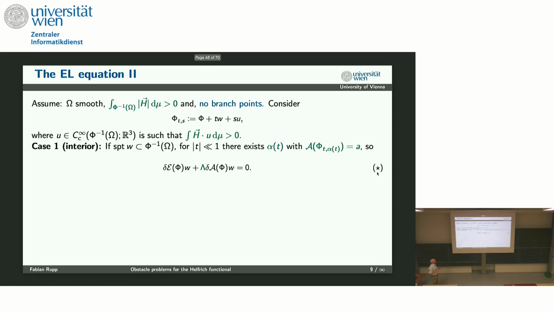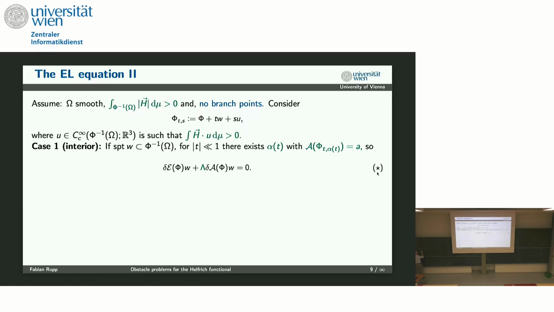Now, if W does not touch the obstacle, let me draw a picture here. Let's say omega is here, and this is the complement of omega. And here from the left, I have my picture of my immersion, phi of S2.